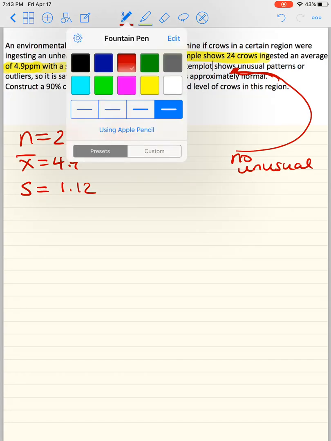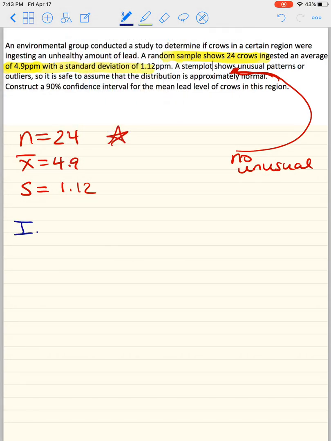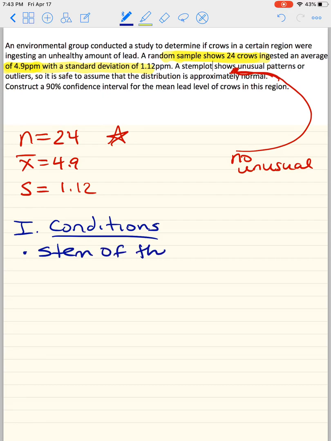Okay, so step one is our conditions. I'm just going to save us some time. You guys will write perfectly. You'll say the stem of the problem states that the crows were chosen at random.